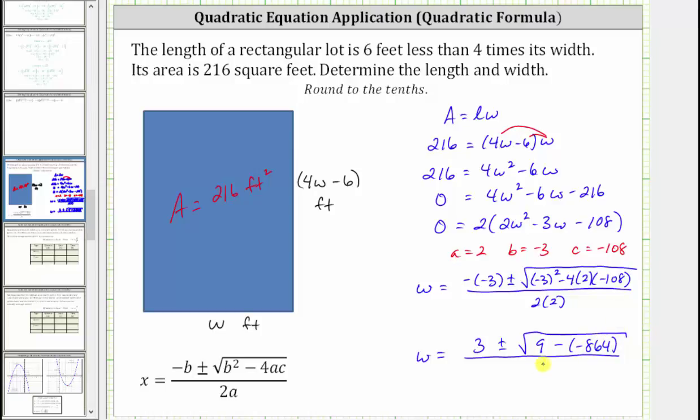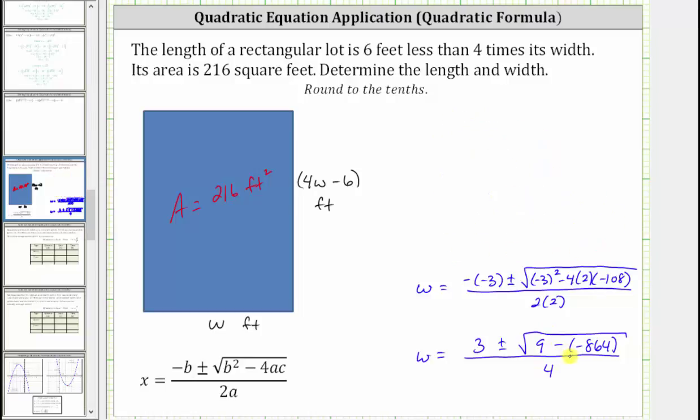And all this is divided by 2 times 2, which is 4. Subtracting a negative is equivalent to adding a positive, and therefore this simplifies to 9 plus 864, which is equal to 873, which gives us w equals the quantity 3 plus or minus the square root of 873, all divided by 4.